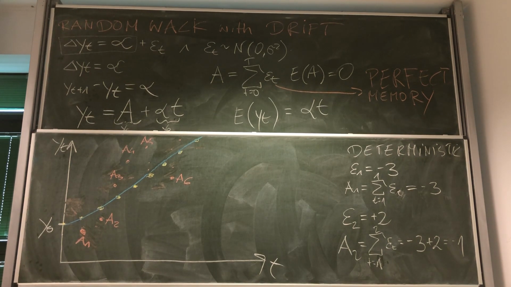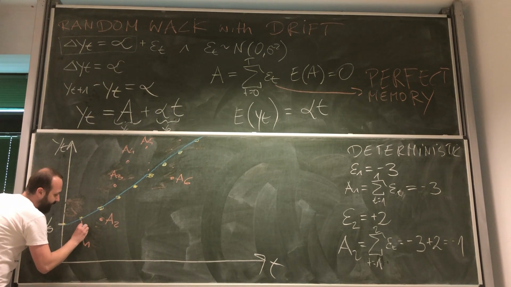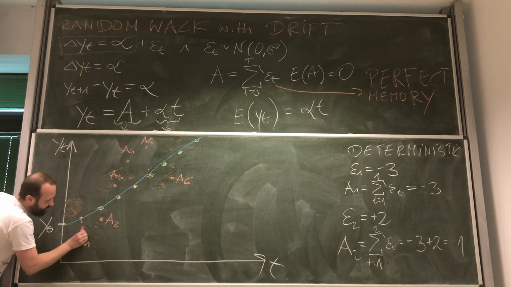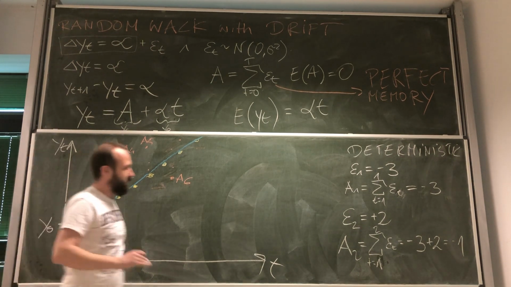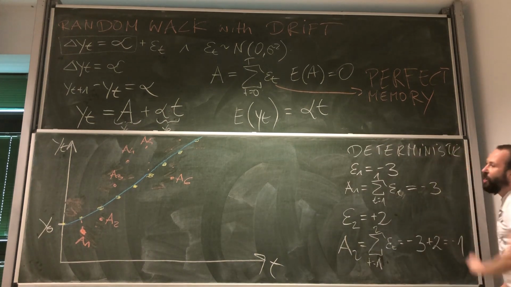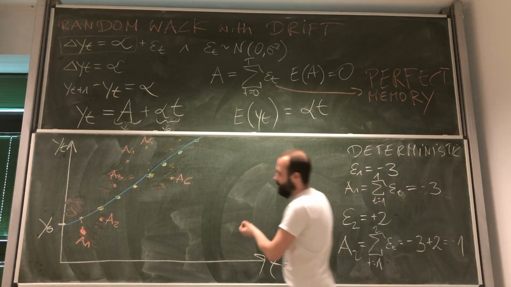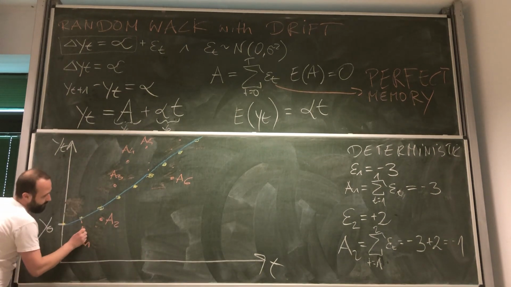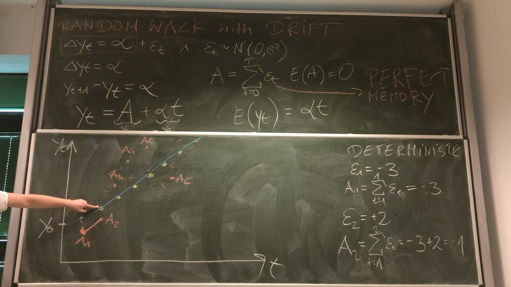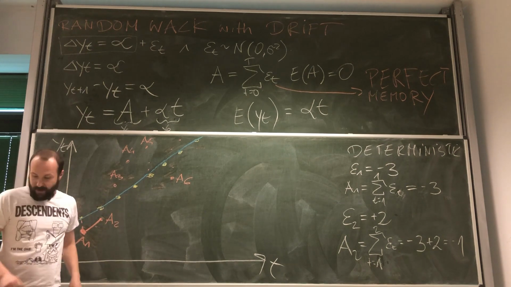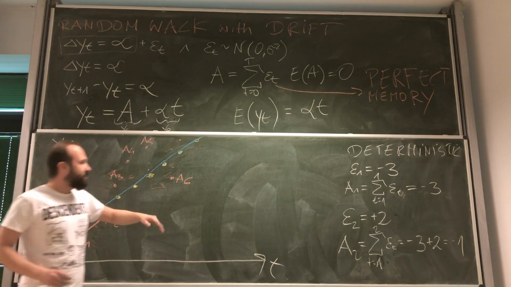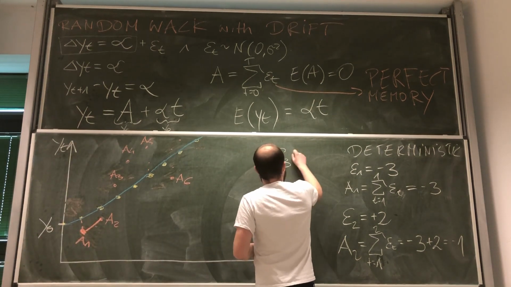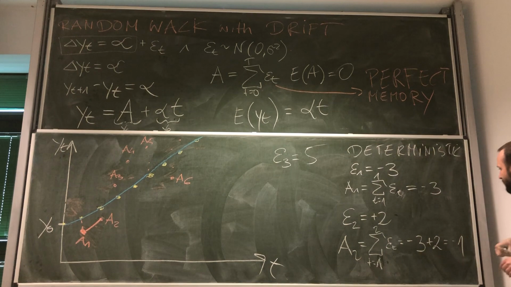And look, this is what I mean by perfect memory. When we started, you can think about it as the shock moved us over here. The second shock is a positive shock, right? It's plus 2, but it's not enough to bring us here. We are still negative 1 away. But look, continuing with this example, imagine that shock number 3 is a big one. It's 5. What happens then?